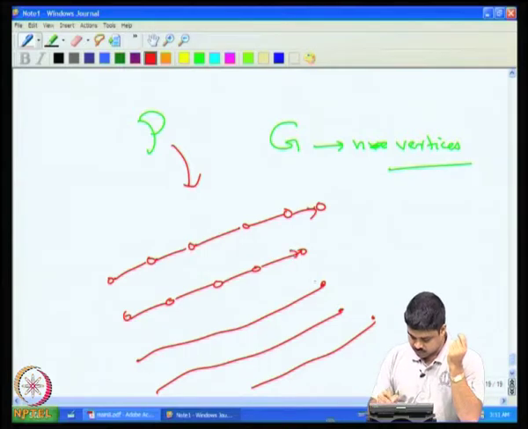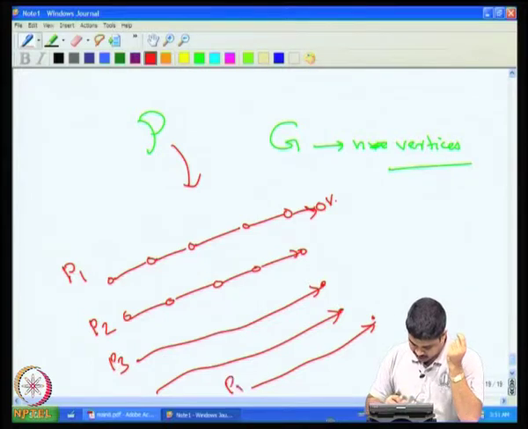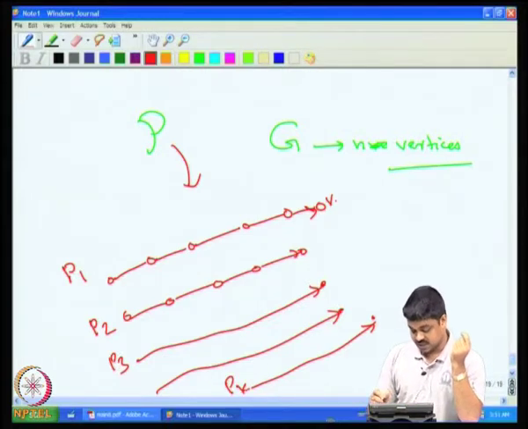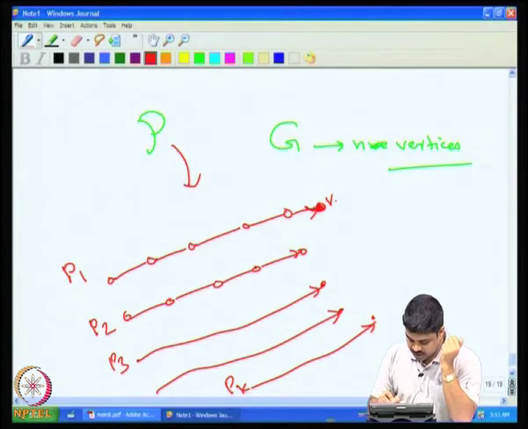Let us say this is P1, this is P2, this is P3, like that, this is Pk. K paths are there in this path cover, and I am interested in the terminal vertices V1, V2, V3, up to Vk.